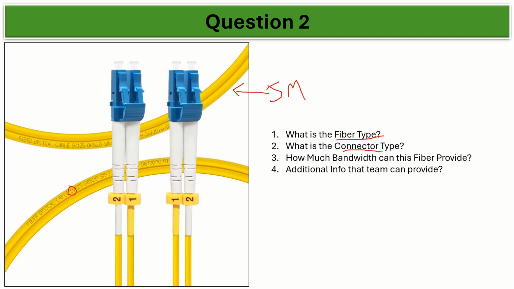Connector type, as we earlier saw, is basically LC. How much bandwidth it can support is 100 Gbps. And what about any additional information? It can go up to 10 kilometers of distance because single mode is made to support a very long distance, and that is why it is used on the telecom provider side, in WAN connectivity by the ISP end.